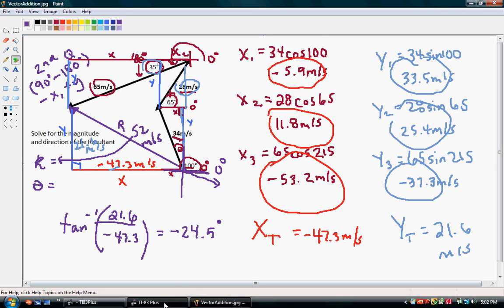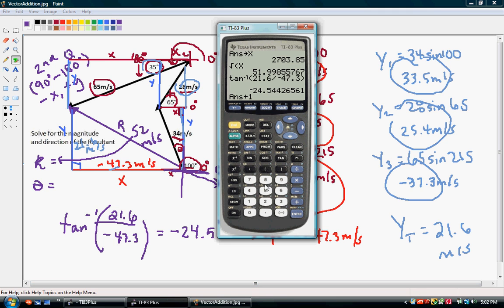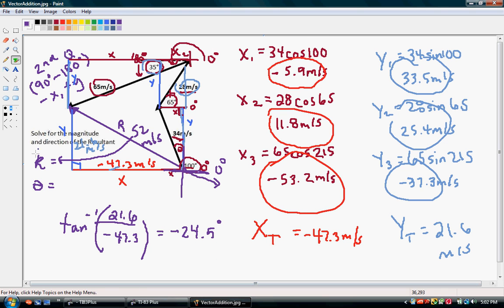So we need to take this number and add 180 degrees to it. And we get 155.5 degrees, which is somewhere between 90 degrees and 180 degrees. So we've now found our resulting magnitude and direction for our resultant.